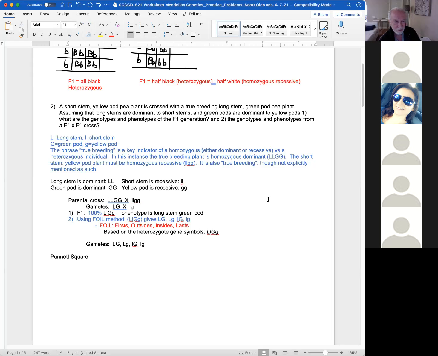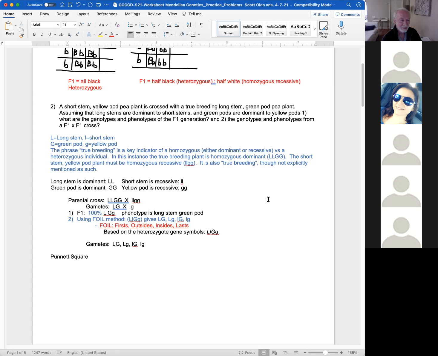If I can add just one thing here, Scott, true breeding also means that it's an inbred. So that's another term that you have. A true breeding plant means that it has been inbred for a number of generations so that, as Scott says, it's homozygous at all loci. Thank you, sir.